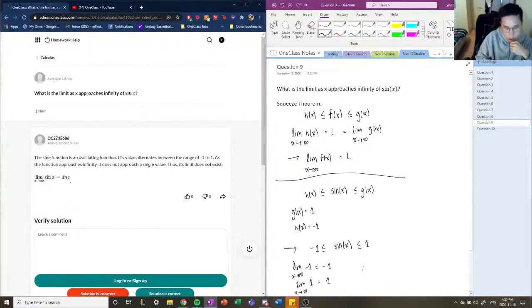These limits do not equal the same number. So sine of x does not have a limit as x approaches infinity. That's another way we can reason this.